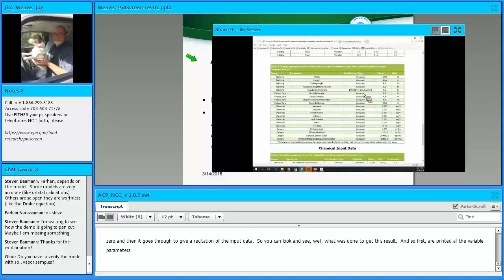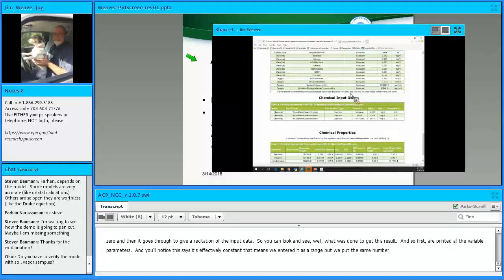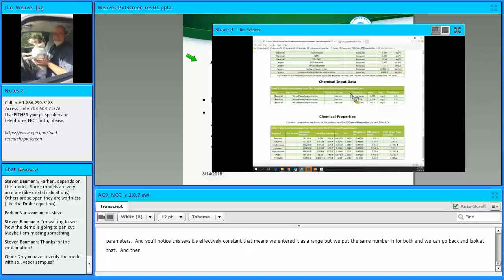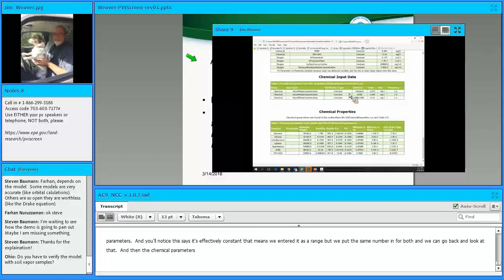You'll notice one parameter, the foundation thickness, says it's effectively constant. That means we actually entered it as a range, but put the same number in for both. We can go back and look at that. And then the chemical parameters are listed. These properties are the chemicals that were used.